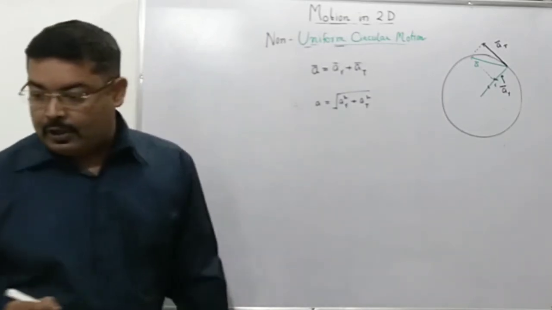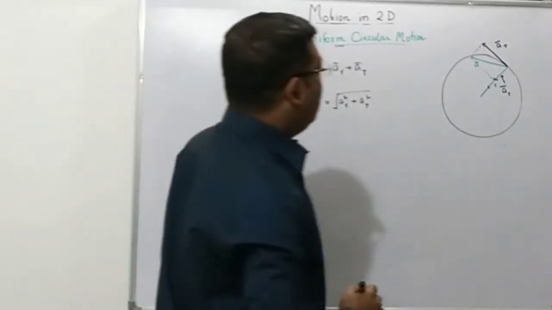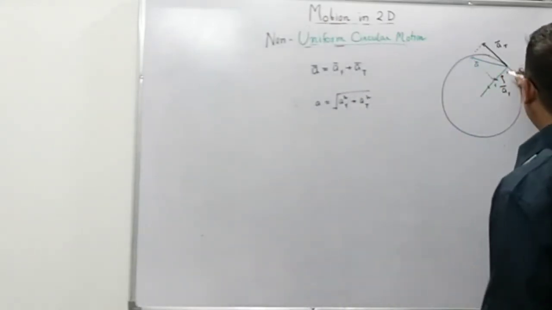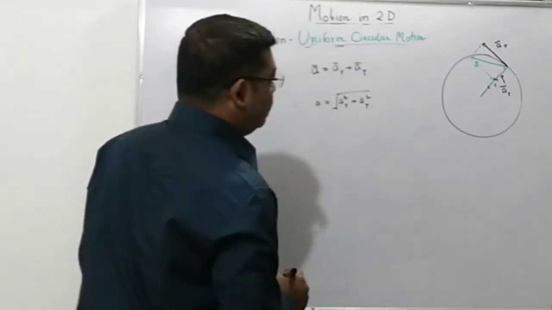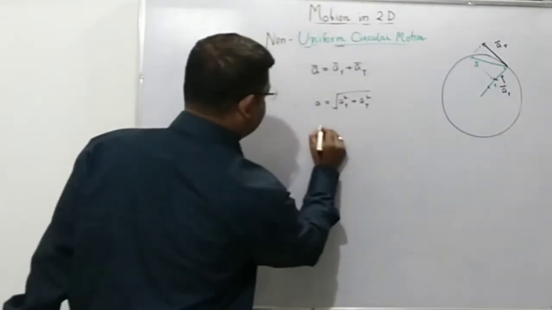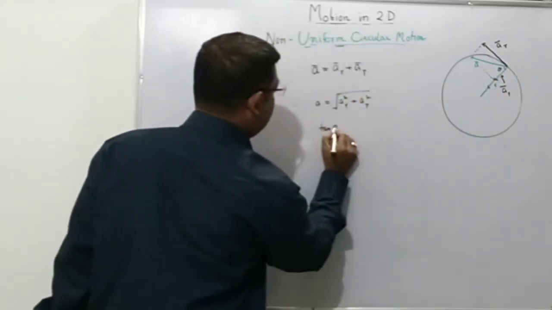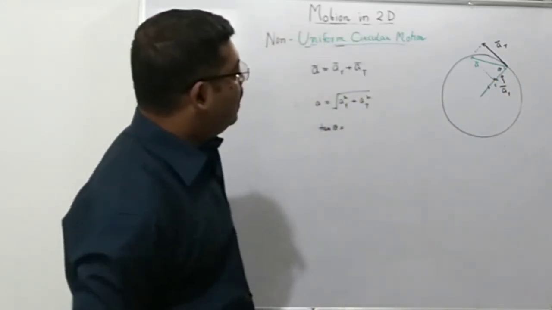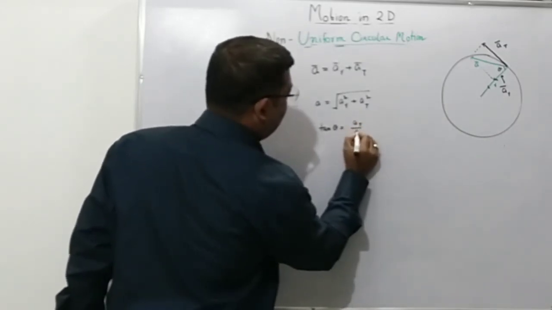And what will be the direction? The direction it will make with, say, the radius. So tan of angle, say theta, what will it be? The perpendicular, that is AT by AR.